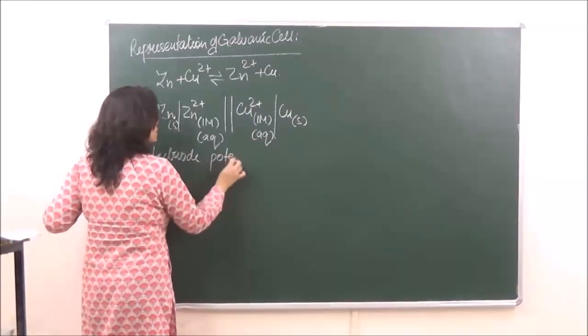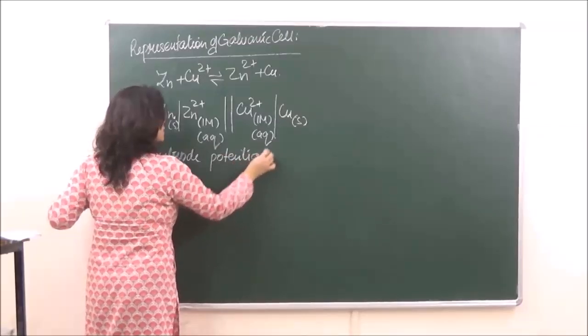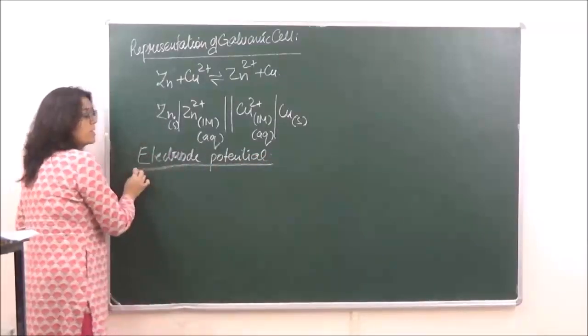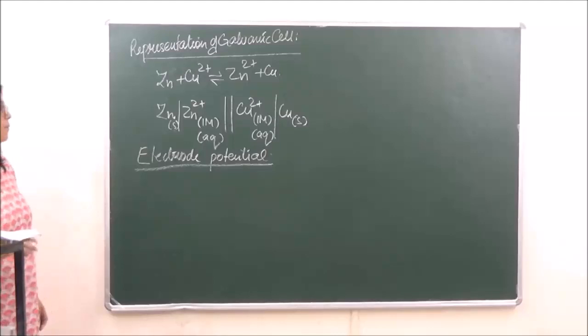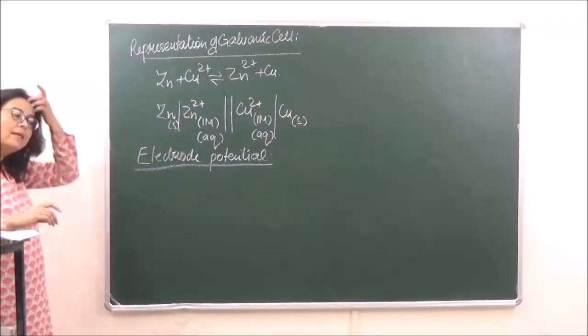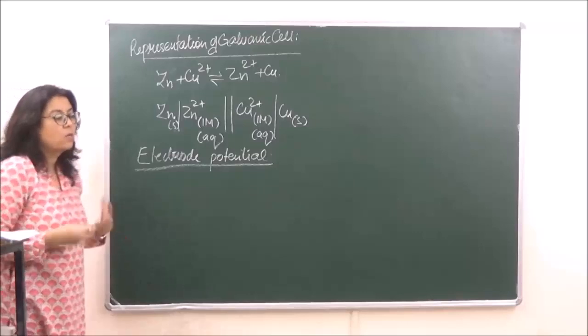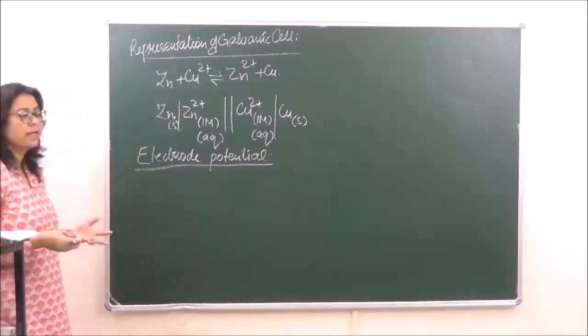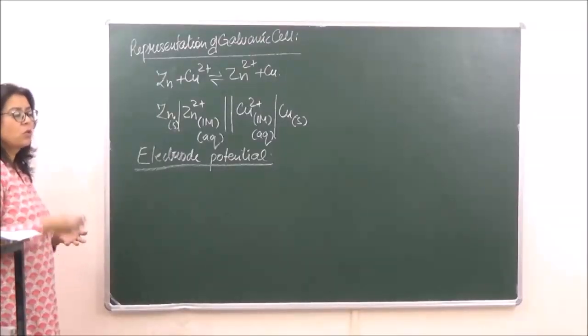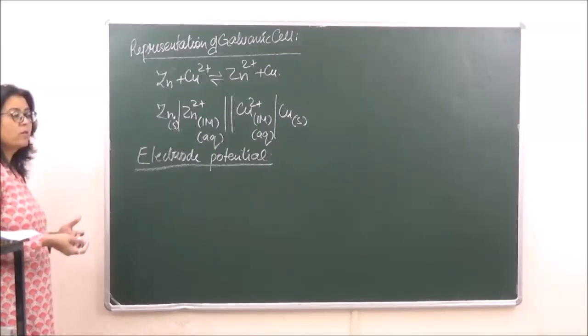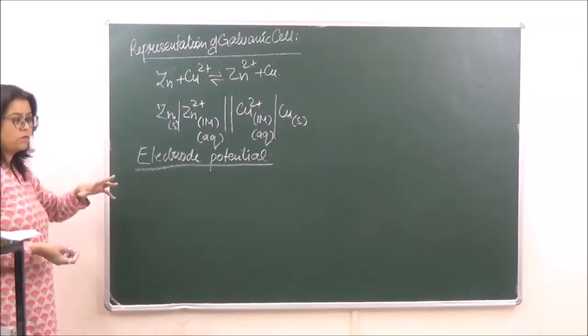Then we come to another very important term over here, which is known as electrode potential. This is very important. What do we understand by electrode potential? Now, when we place any metal in its solution, like we had placed zinc in a solution of zinc sulfate, what was happening to zinc? Zinc was losing electrons and it was going inside the aqueous solution in the form of Zn2+, right?